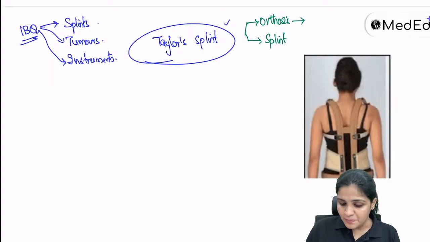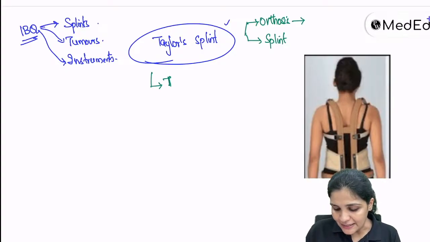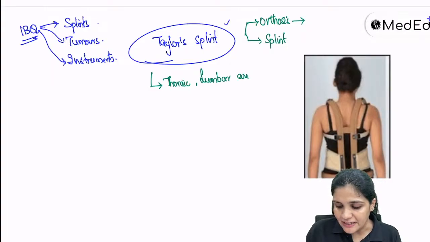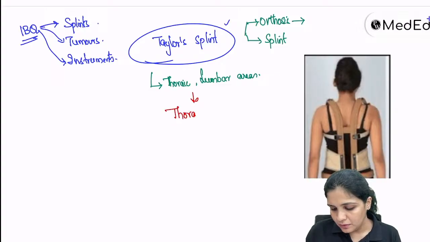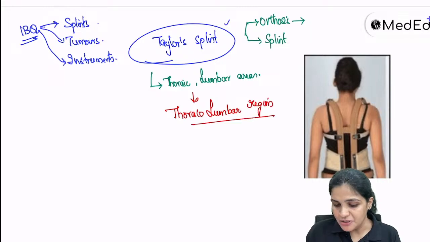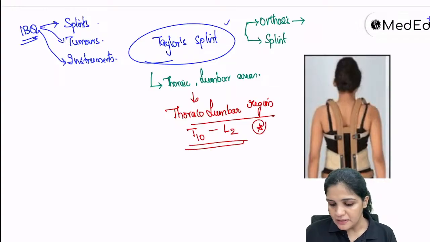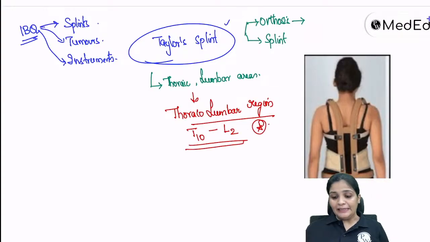This Taylor's splint mainly covers the thoracic and lumbar areas, and it is especially important for the thoracolumbar region. So what is the thoracolumbar region? It is the region which covers from T10 to L2. Usually we see TB, tuberculosis.